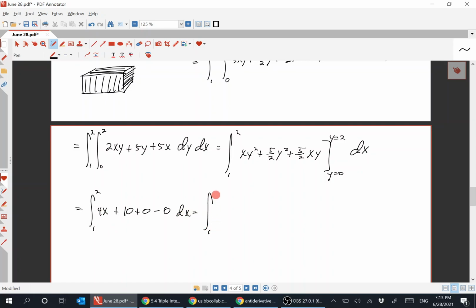dx, so that's the integral from 1 to 2 of 4x plus 10 dx. Antiderivative, 2x squared plus 10x from 1 to 2. So this is 8 plus 20 minus 2 plus 10.